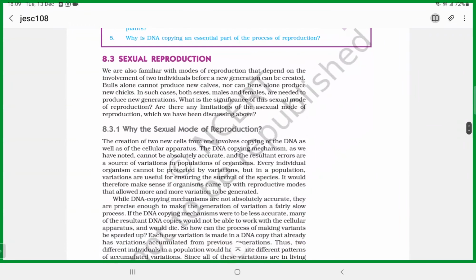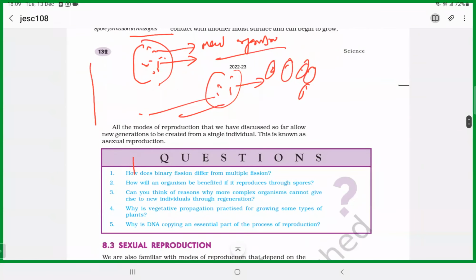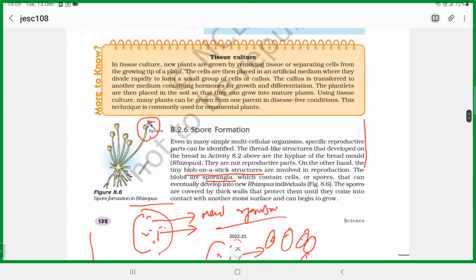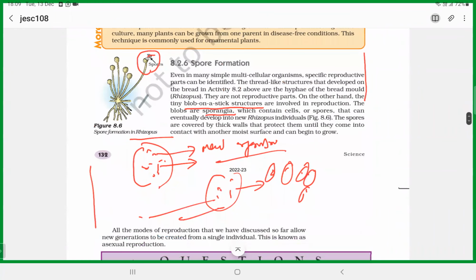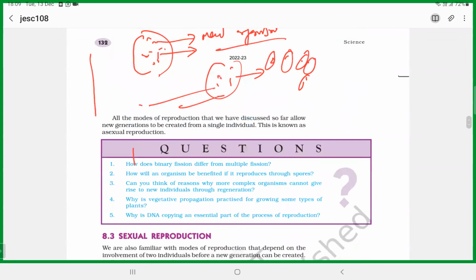We discussed till now in this chapter. I think some of you didn't attend the evening class, but anyway, we discussed this for revision. We started with how do organisms reproduce.